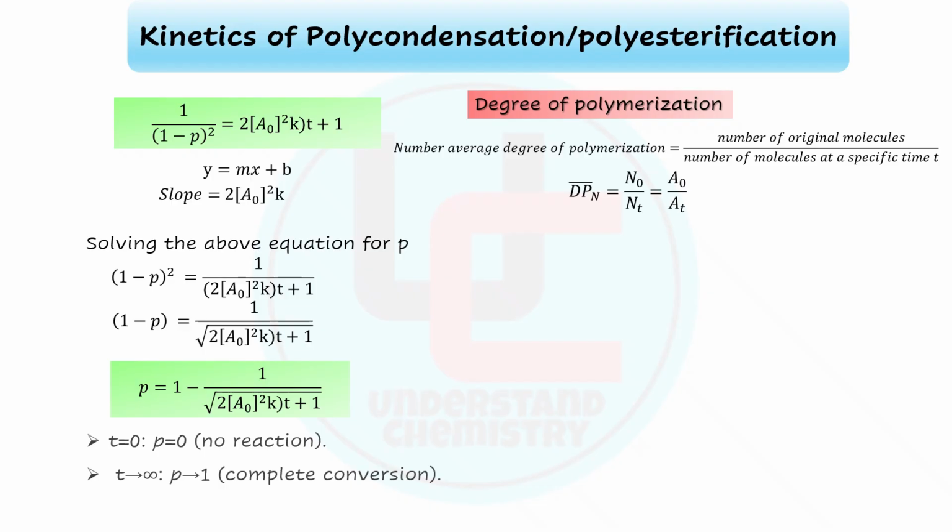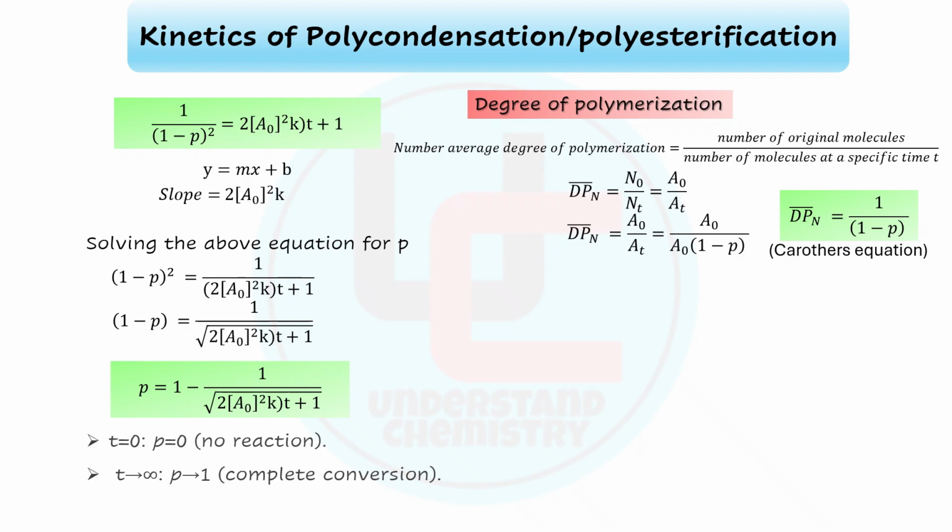That will be equal to A naught over At. By placing the value of At as described before, we get number average degree of polymerization equal to 1 over 1 minus P. This equation is known as Carothers equation. It was named after Wallace Carothers, who pioneered the understanding of step growth polymerization.